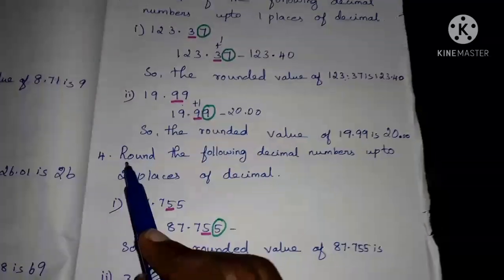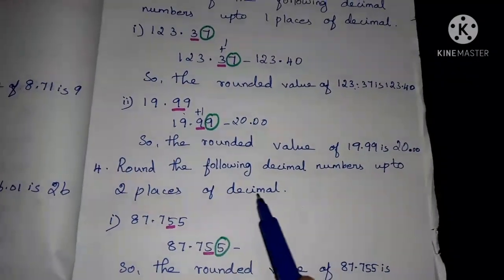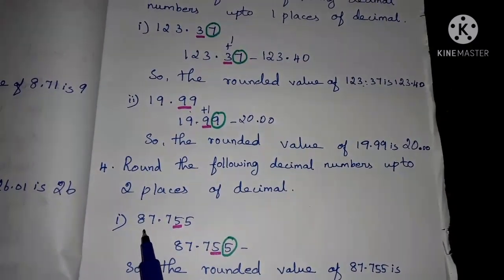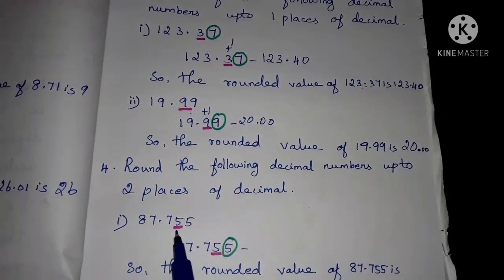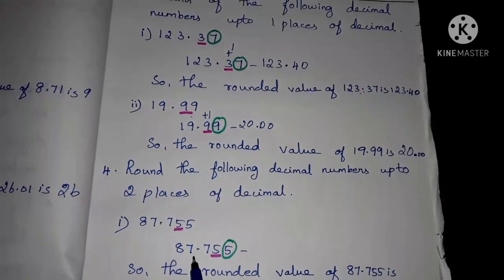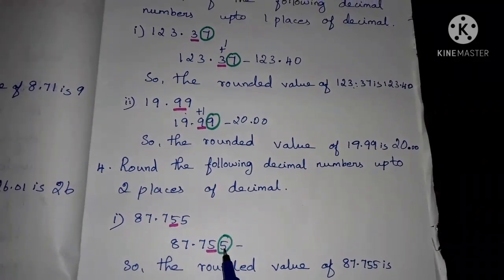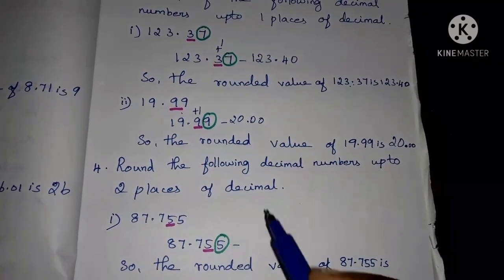Next, round the following decimal numbers up to 2 places of decimal. Here they are asking for 2 places, so we underline the digit in the second place. 87.755: we underline and look at the right side of the underlined digit. Is it less than 5 or greater than 5?